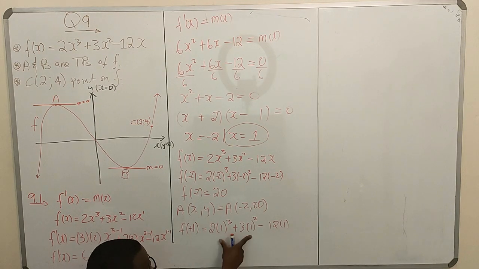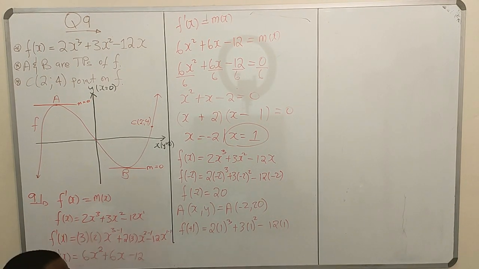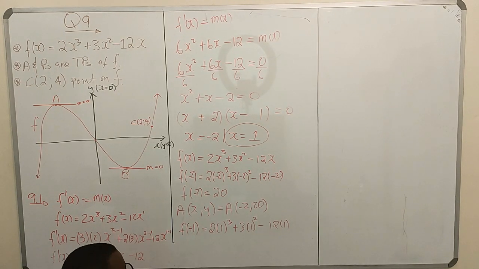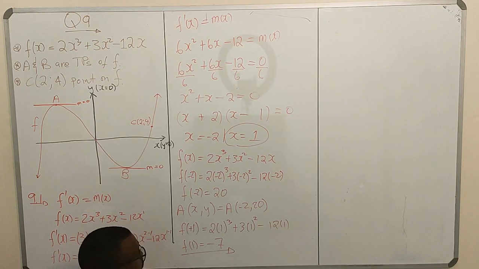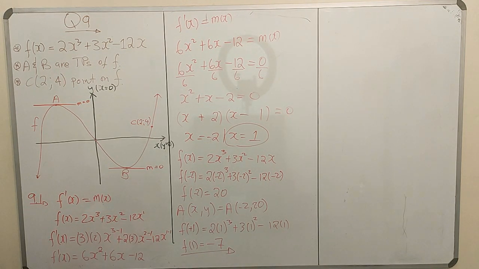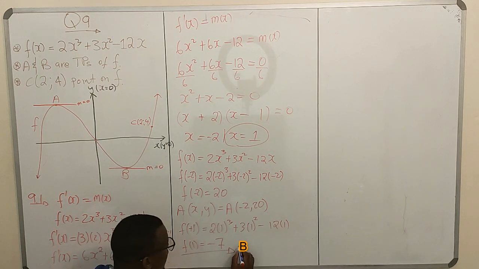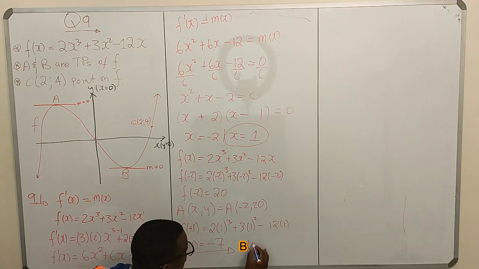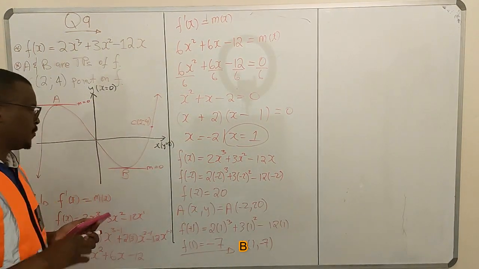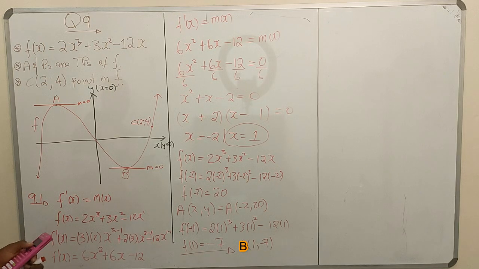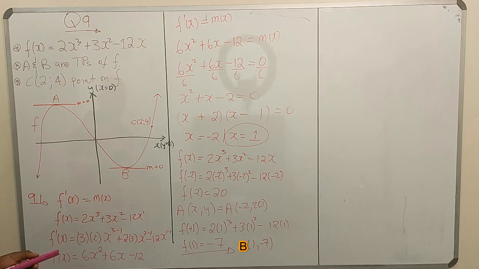This is 2, this is 3, this is 5, minus 12. So f at 1 is equal to minus 7. So your coordinates are 1 and minus 7. We're done with this question. So from here, we go to the next one, which is 9.2.